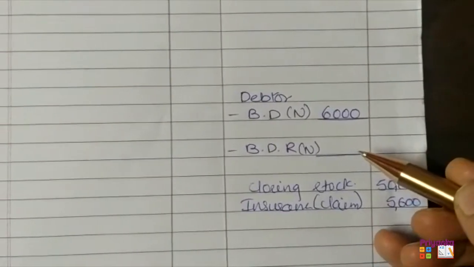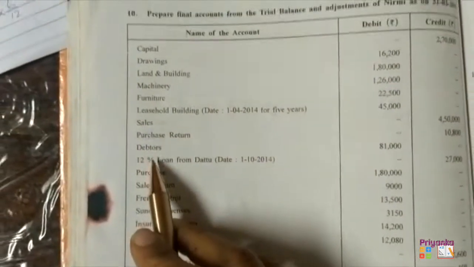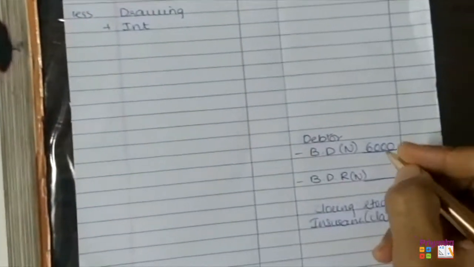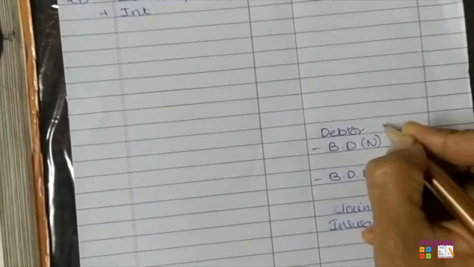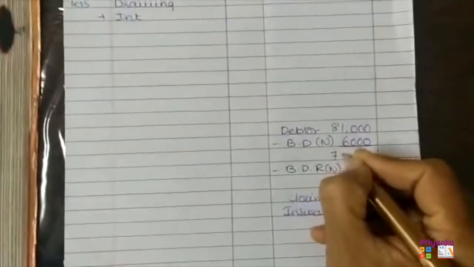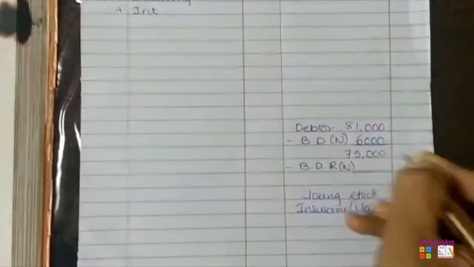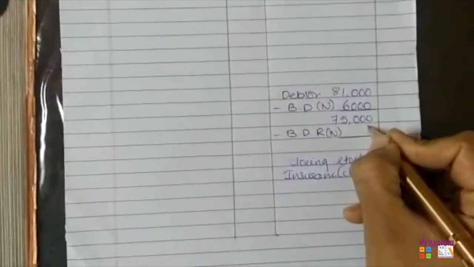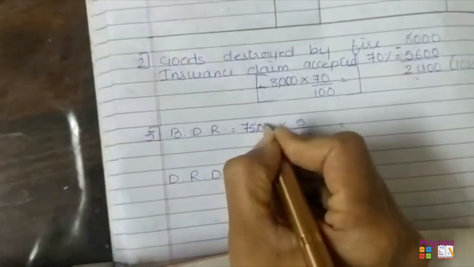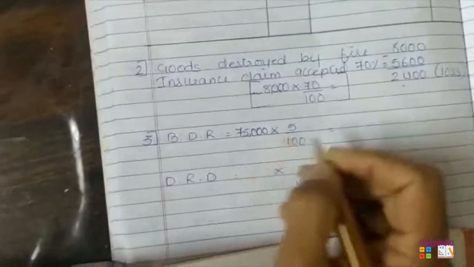Before we calculate percentage on bad debt reserve, first we'll check the debtors value which is given in the trial balance, 81,000. So first take 81,000 on debtors, minus 6,000, that is 75,000. Now we'll calculate percentage on this 75,000. So take the 75,000 and take 5% of it.